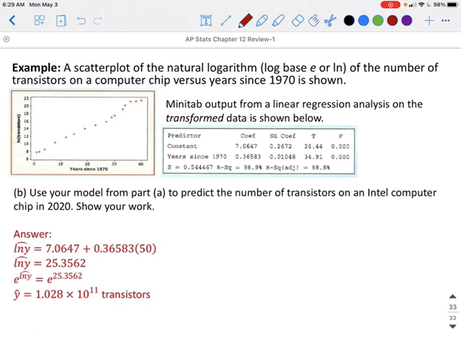And we need to remember that ln is log base e. So if we want to write this as an exponential, we can write this as y is equal to e, because it's log base e, raised to 25.3562. And that's going to give us that our y hat, our predicted number of transistors, is 1.028 times 10 to the 11th power.